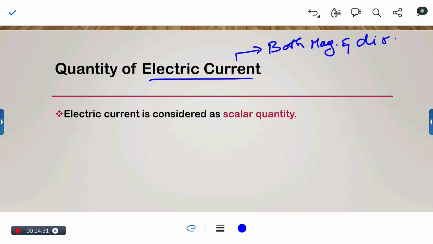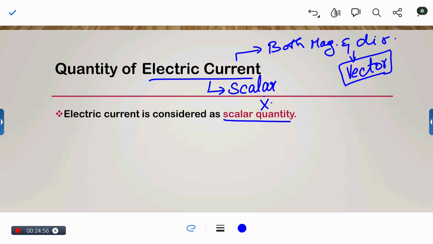In the lower class we learned, if any quantity has both magnitude and direction, it's considered a vector. But even though current has both magnitude and direction, we are calling this one scalar. Reason, current does not obey the vector law of addition. That is the reason we are calling this one a scalar.